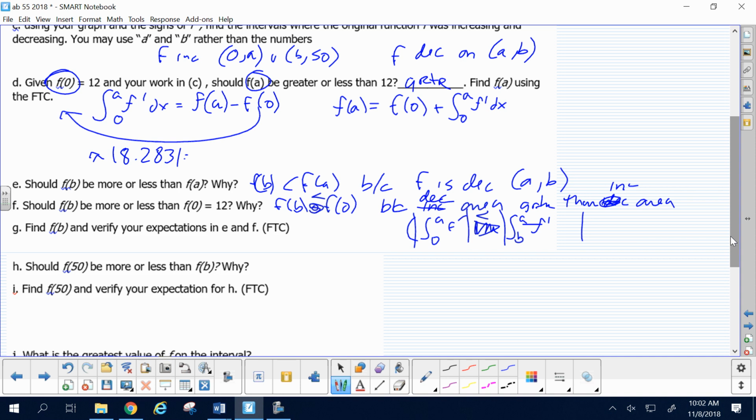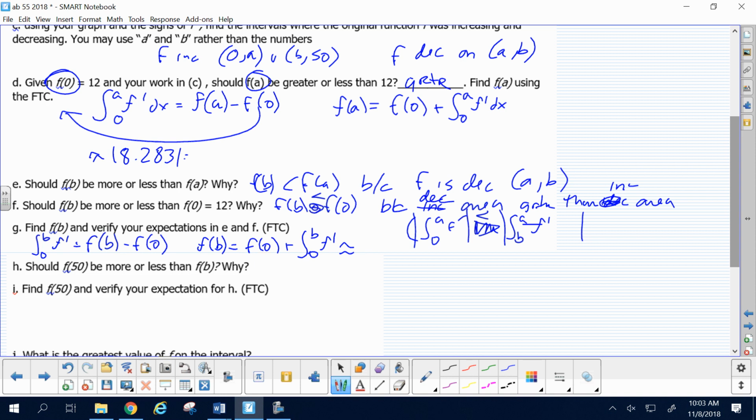If you then find f at b, you could go from where you left off at a and then go to b, or you could just start all the way back at 0, whatever you prefer. But you still have to set up a definite integral, fundamental theorem style. I'm actually okay if you went straight to the rearranged form.